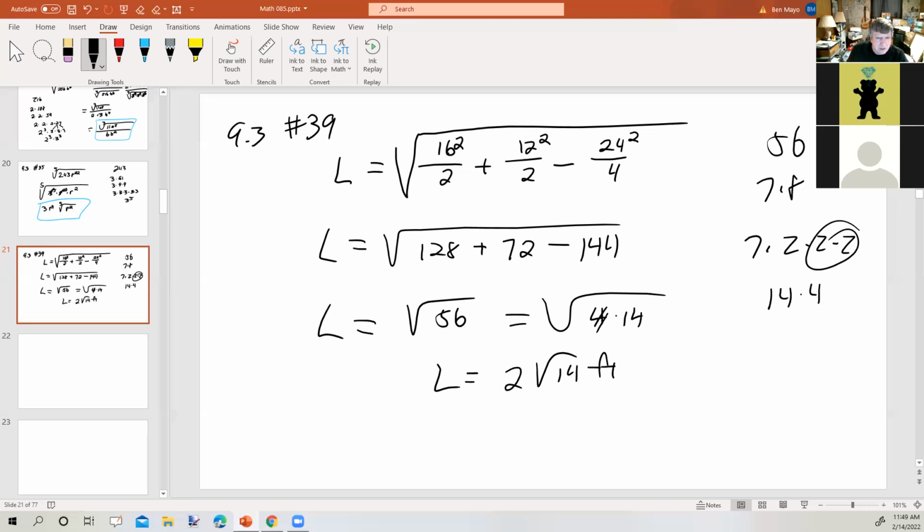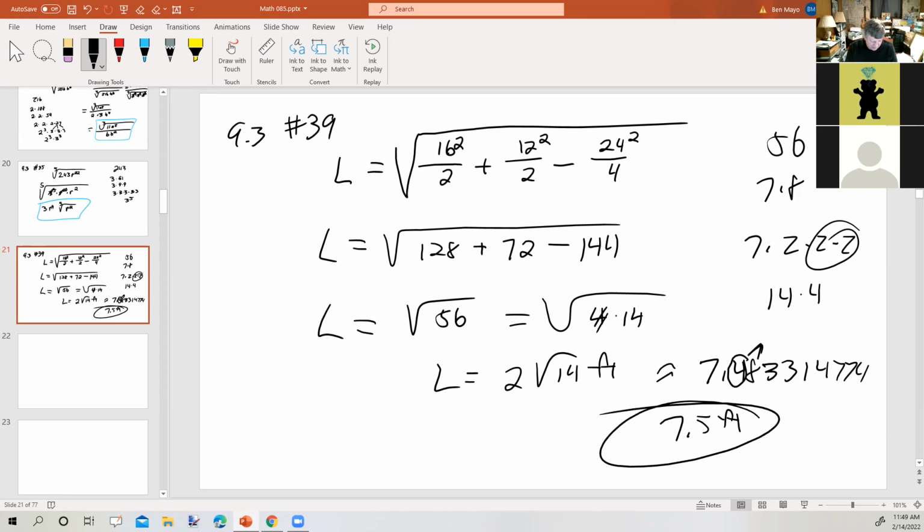And then the approximation rounded to the nearest tenth. Okay. If I take 2 times the square root of 14, I get 7.4833147774, etc. So rounding, the 8 would round up, so 7.5 feet would be the approximate answer.